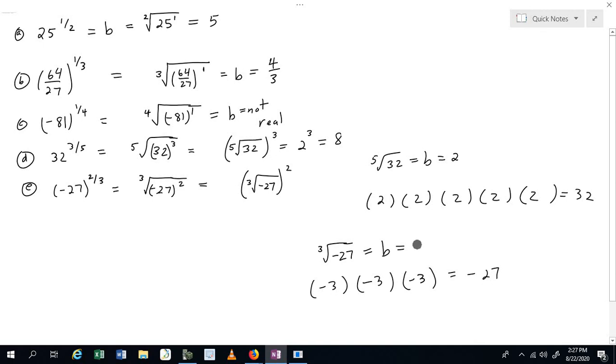So here, the cube root of negative 27 would be negative 3. And then you're going to square that number. When you multiply negative 3 by itself, you get positive 9. And so negative 27 raised to the 2/3 power is equal to 9.